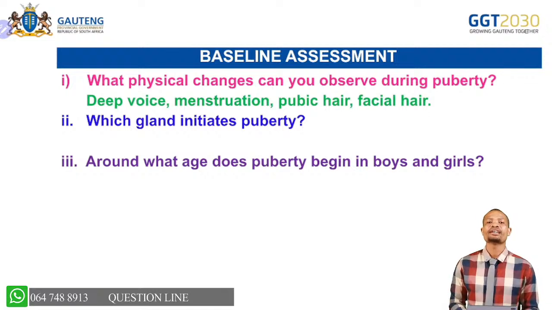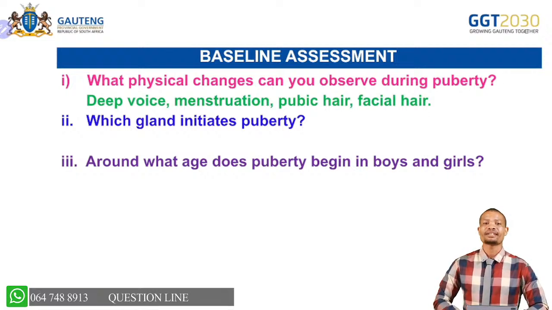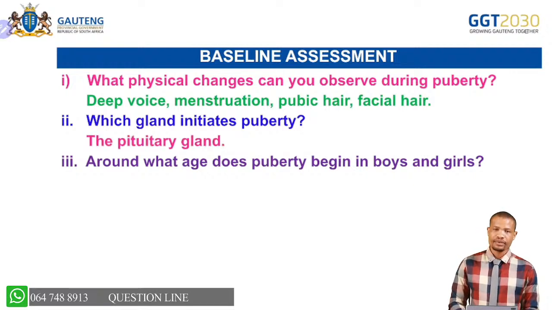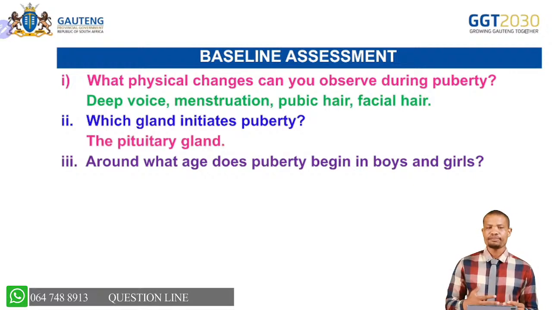So which gland initiates puberty? Which gland causes puberty to start? Anyone? Yes, that is correct. It is the pituitary gland. So around what age does puberty begin in boys and in girls?